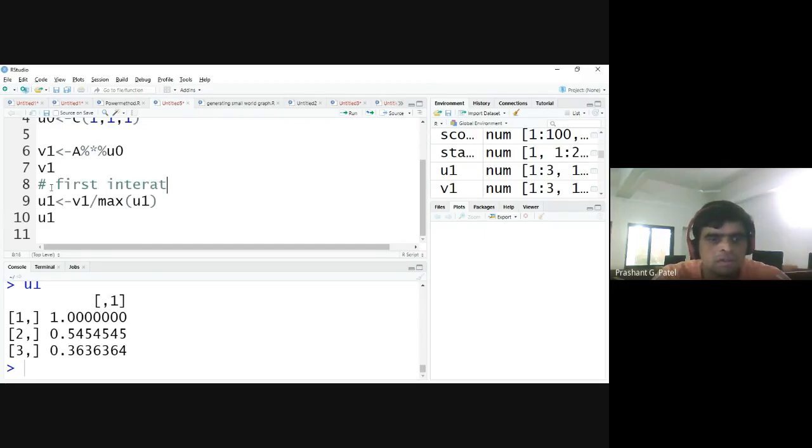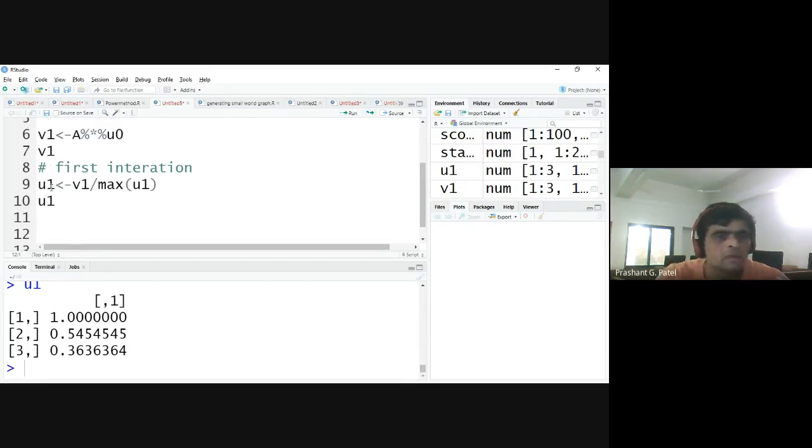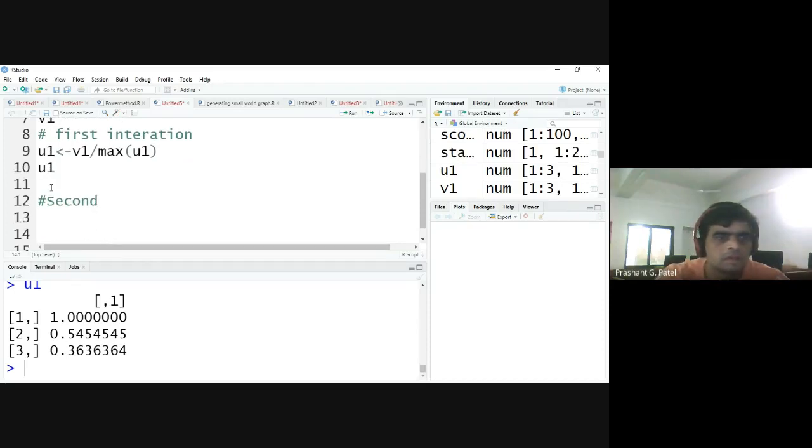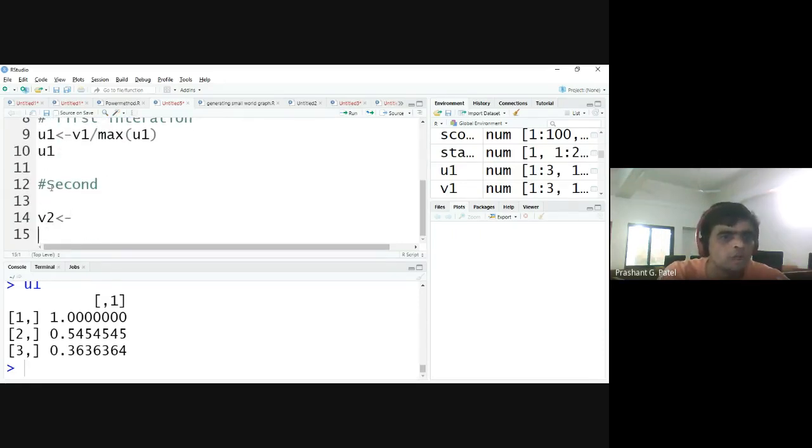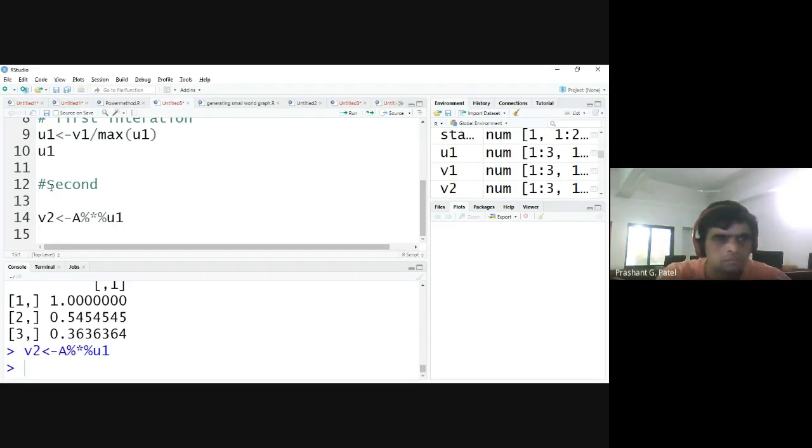Now the second iteration: we'll say V2, which follows the same procedure, A into U1, that is A %*% U1, will give V2.